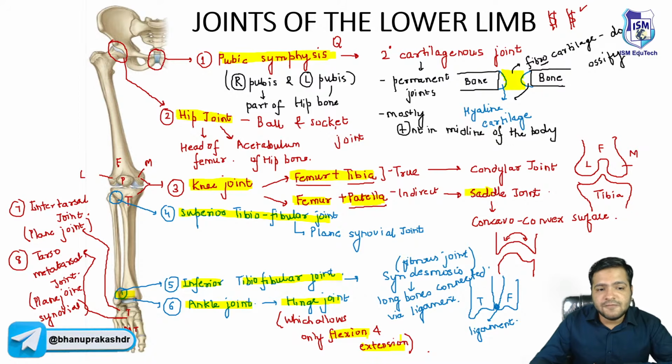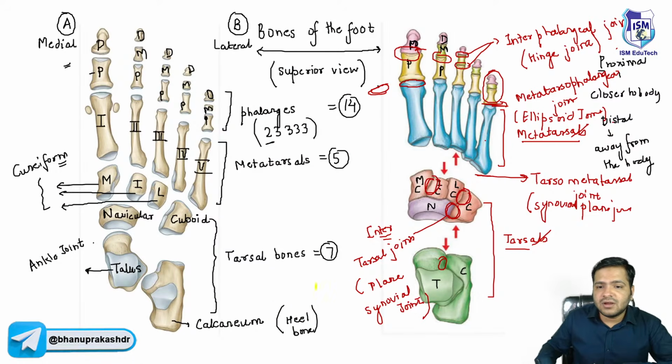Then coming on to the foot part, between the tarsal bones we have intertarsal joints. Tarsal and metatarsal, we have tarso-metatarsal joint. Between metatarsals and phalanges, metatarsophalangeal joint. And lastly, in between the phalanges, we have interphalangeal joint.